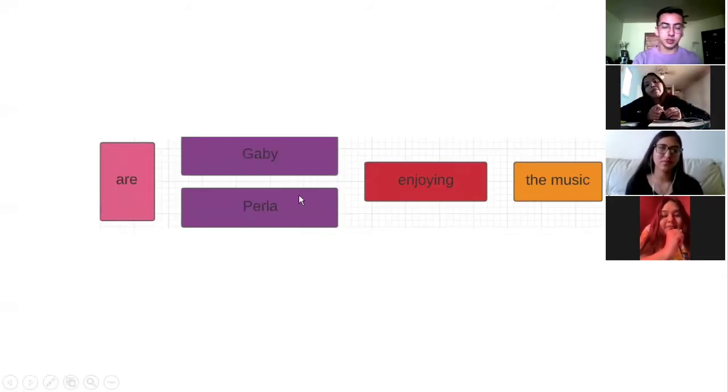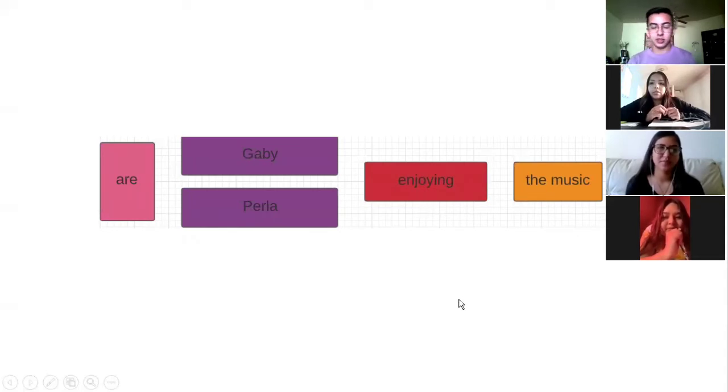So here, the auxiliary is at the front, and we read, are Gabby and Perla enjoying the music? And we add a question mark at the end. So, can you repeat it, please? Are Gabby and Perla enjoying the music? Once more. Are Gabby and Perla enjoying the music?